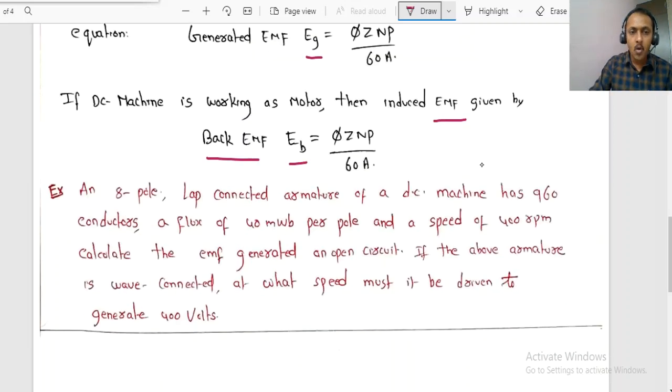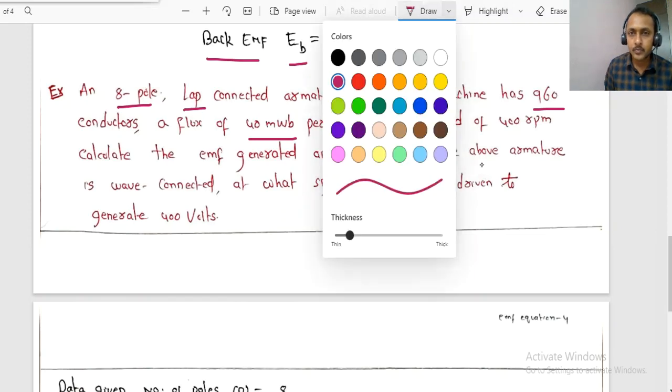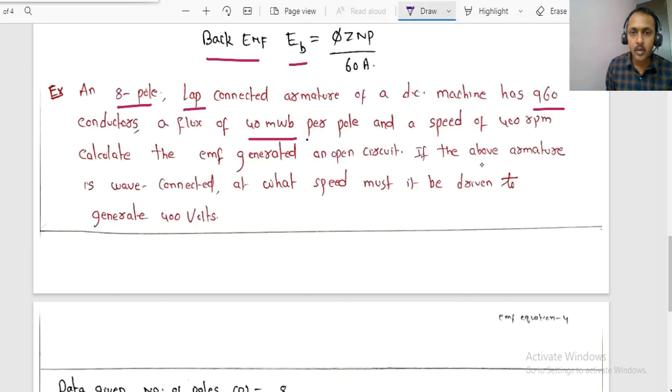An 8 pole lap connected armature of a DC machine has 960 conductors, a flux of 40 milliweber, and the speed 400 rpm.